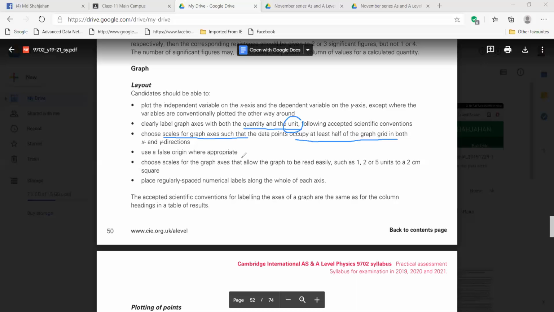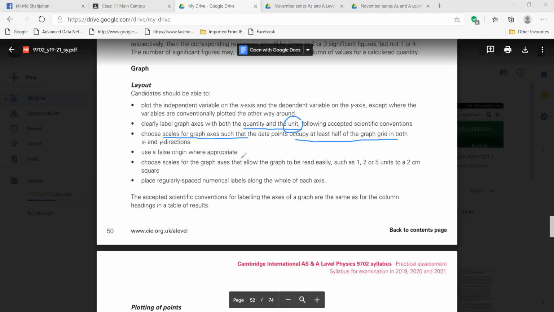Yes, sir. 10 to 40 meter. So how much you got here? The difference is 30, right? And the time maybe you are getting from 2 seconds to 8 seconds. Clear? Yes, sir. So the time one you are getting the range 6.